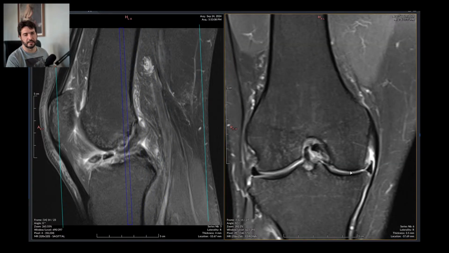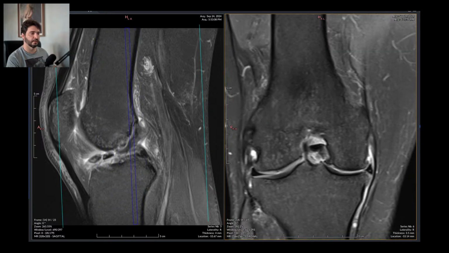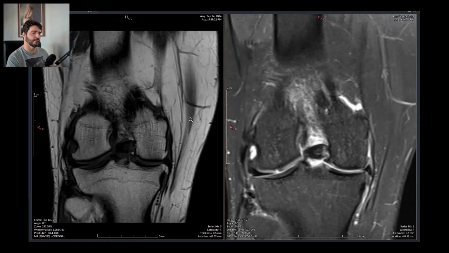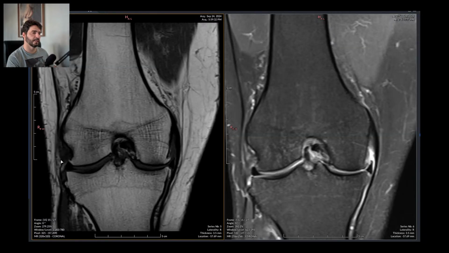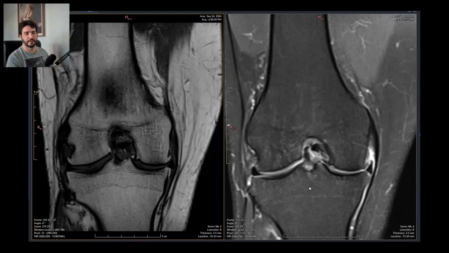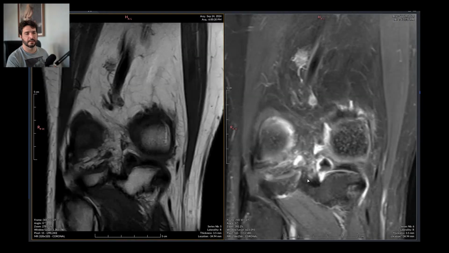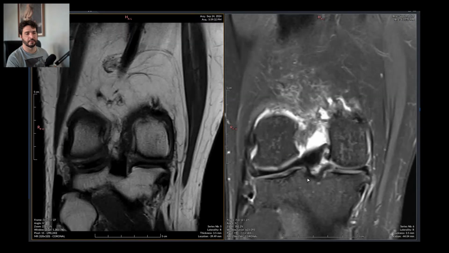As you guys can see, the cartilage right here is all gone. There are deep erosions of the cartilage, and it's very easy to see on T1 weighted images. Osteophytes all over the joint. I have superficial erosions right here, reduction in articular space, decrease in articular space.